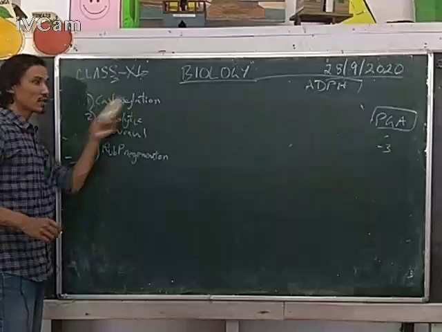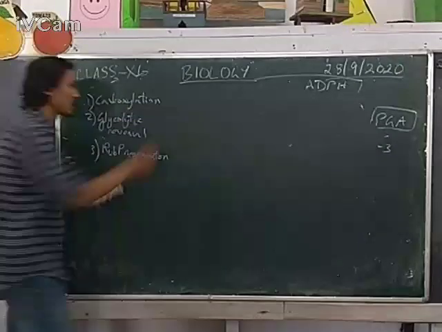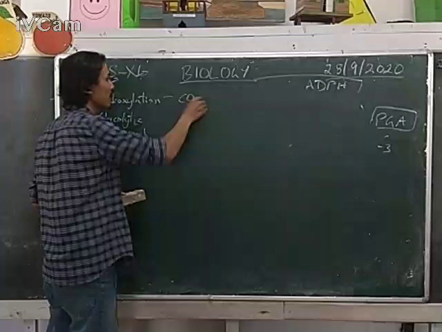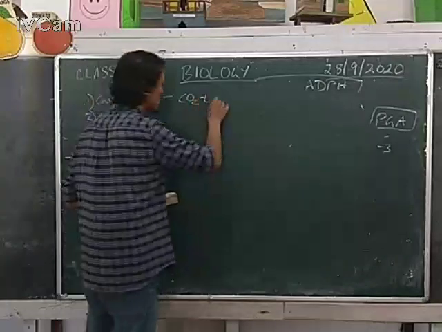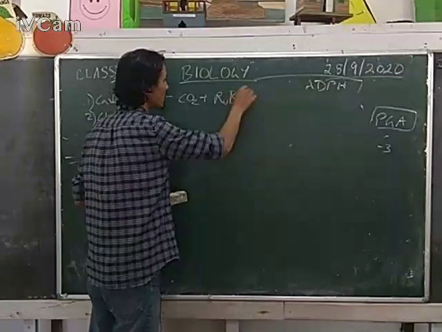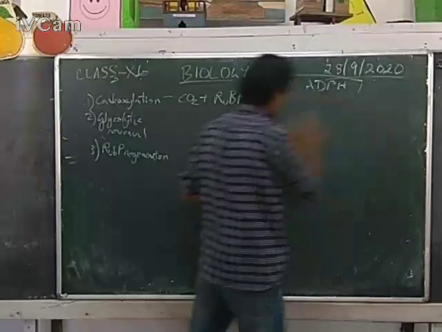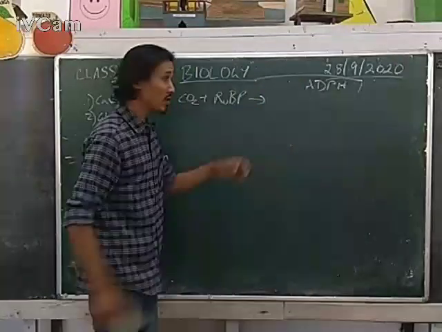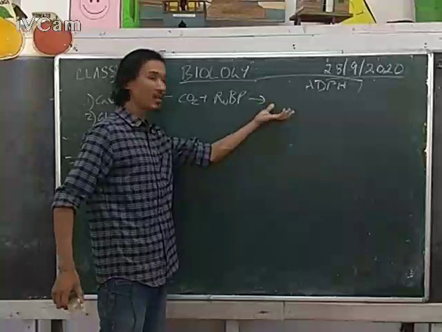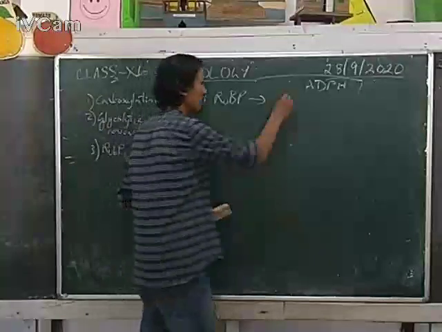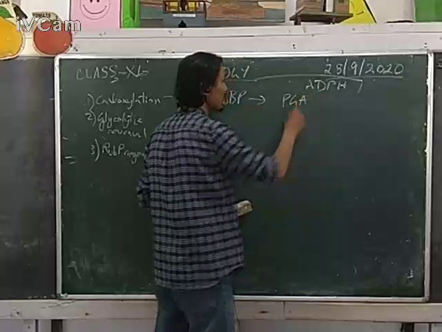The first step is carboxylation. By carboxylation, carbon dioxide combines with ribulose bisphosphate to form a 6-carbon compound. This 6-carbon compound is highly unstable, so it gets converted into phosphoglyceric acid.